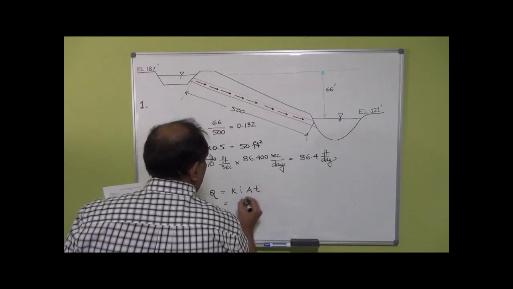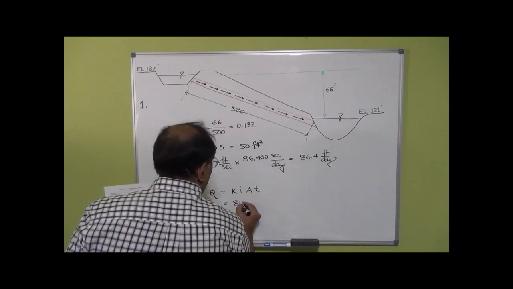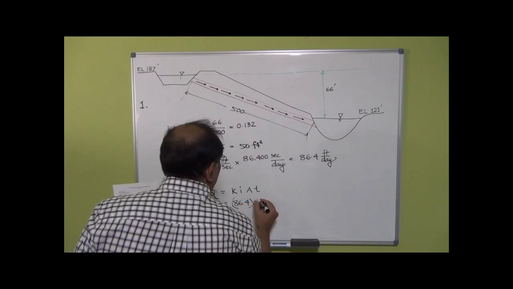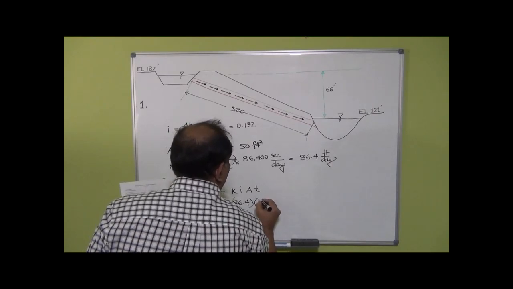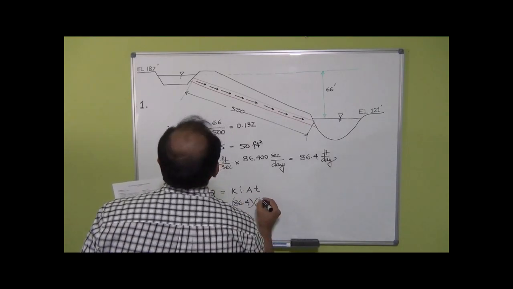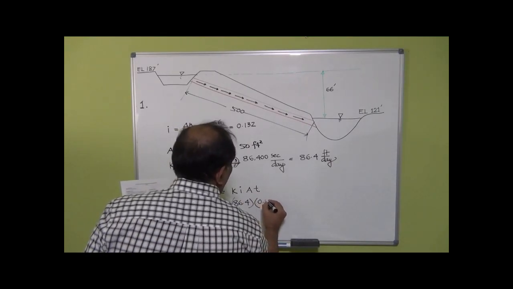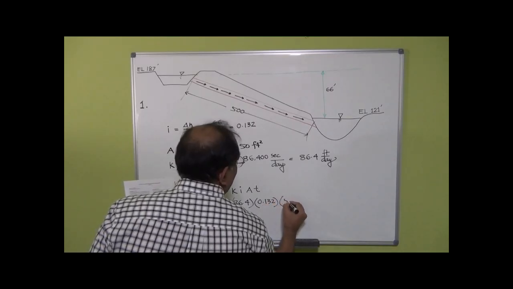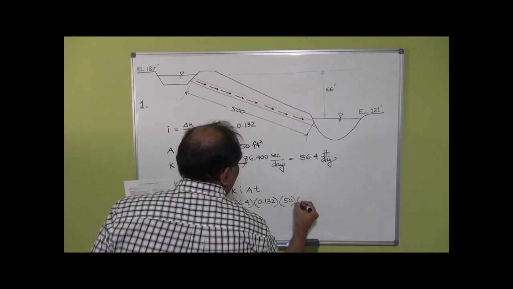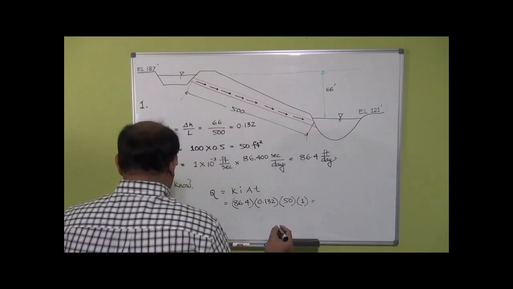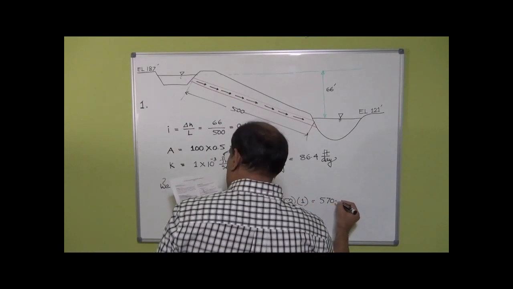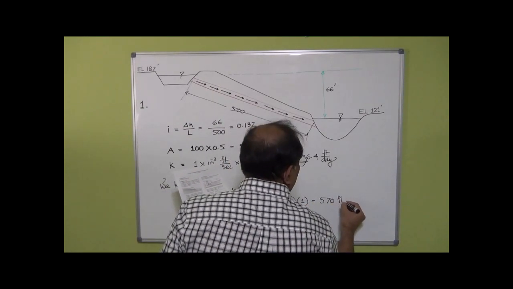So this one is 86.4, then i is 0.132. Area is 50 and time is 1 day, so this one is basically 570 feet cubed per day.